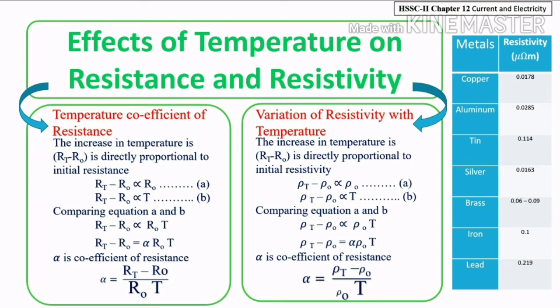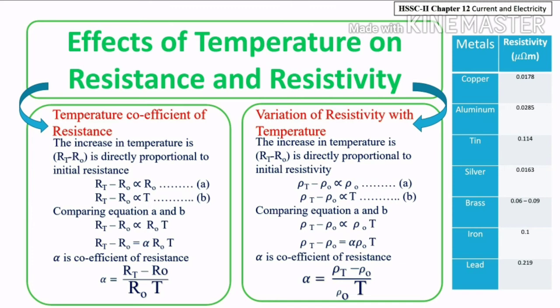Now comparing these two equations, we get rho T minus rho naught is directly proportional to rho naught T. Similarly, we get alpha as a constant of proportionality, and this constant is also known as the temperature coefficient of resistivity. This alpha becomes equal to rho T minus rho naught over rho naught T.